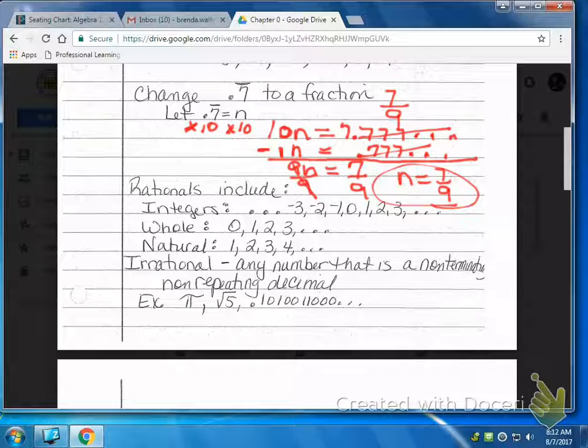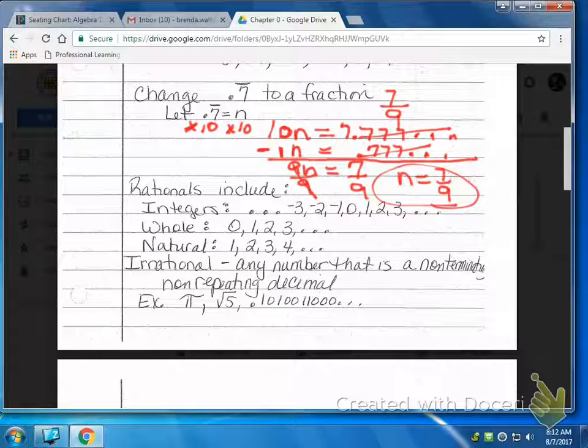All right, so the next part just gives you examples of each type of number that we had in that box. There's the set of integers, there's the set of whole numbers, natural numbers, which we've already talked about, and what irrational numbers are. They'll give you some numbers, and you'll have to decide which set or sets they're in.